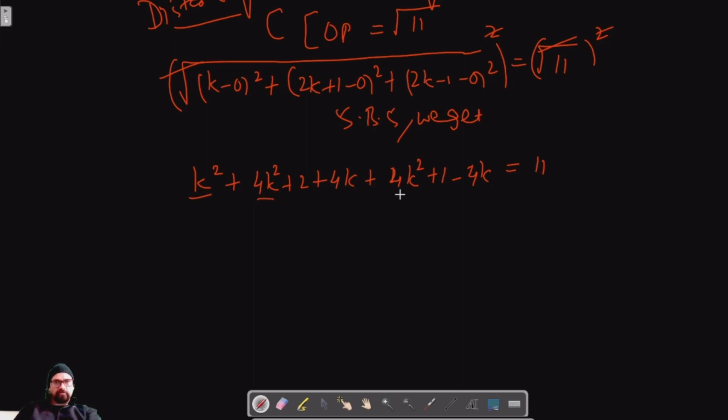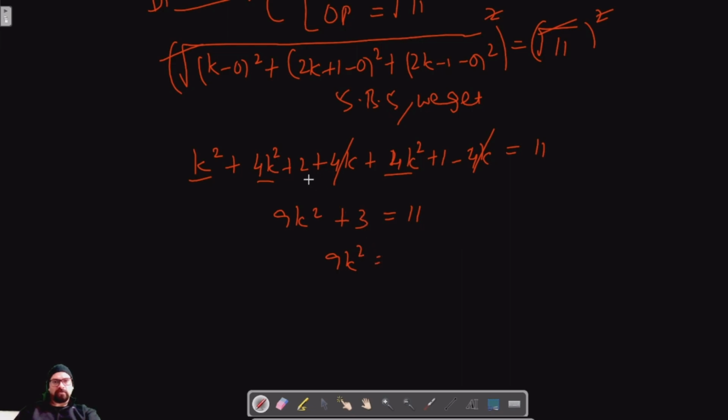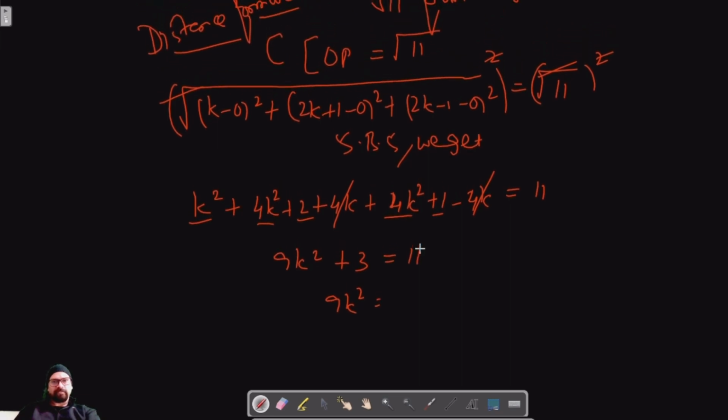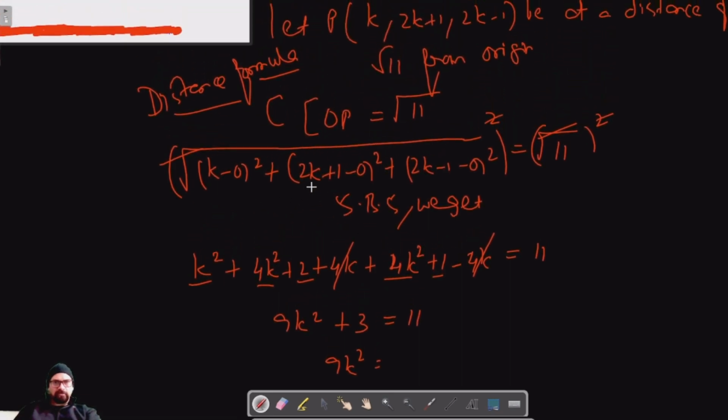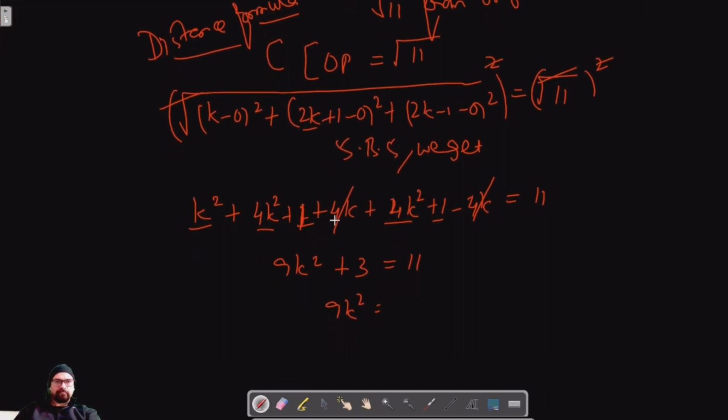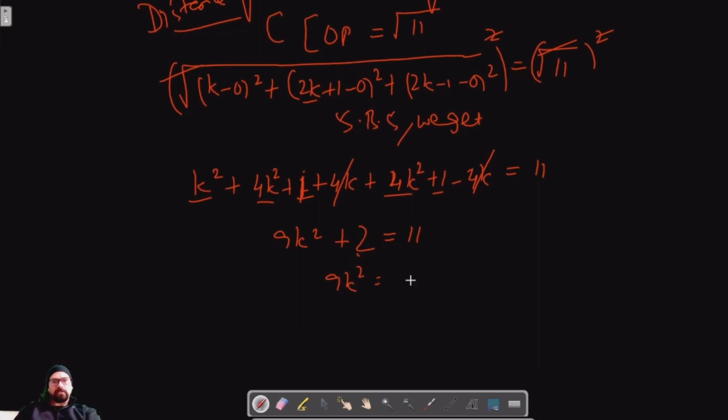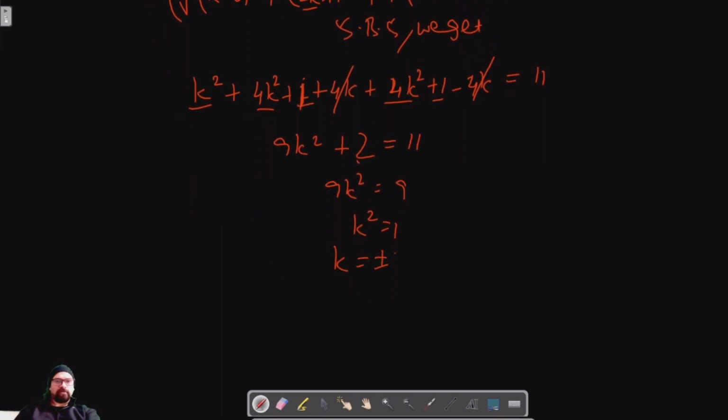And k square plus 4k square plus 4k square, this is 9k square, 4k minus 4k gets cancelled, plus 1 plus 1 is 2. So we are missing something here. It's 2k square, which is 4k square, and this is 1. And 1 plus 1 is 2. So 11 minus 2 is 9. So k square is equal to 1, and k is equal to plus minus 1.